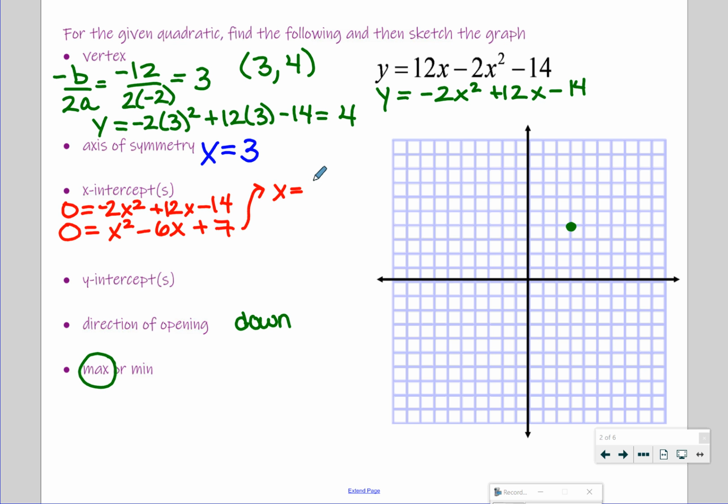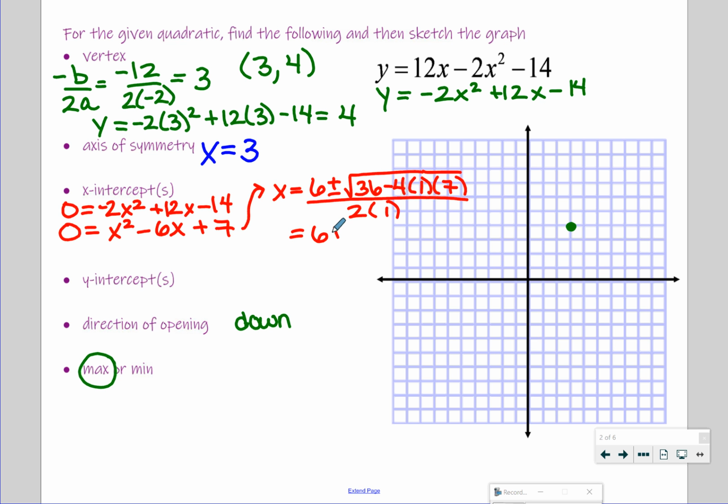x equals opposite of b, positive 6, plus and minus square root. b squared is 36, minus 4 times a is 1, times c is 7, all over 2 times a, 2 times 1.